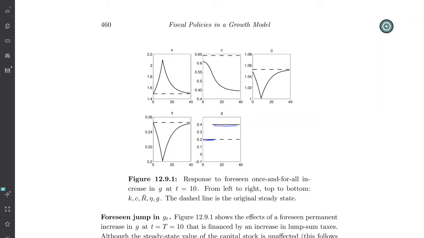We know that government expenditures aren't in the formula for steady state capital. So what's going to happen is capital is eventually going to, we know in the limit capital is not going to change. But look, it changes in the meantime. Why?